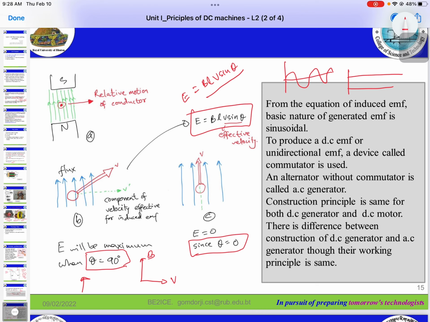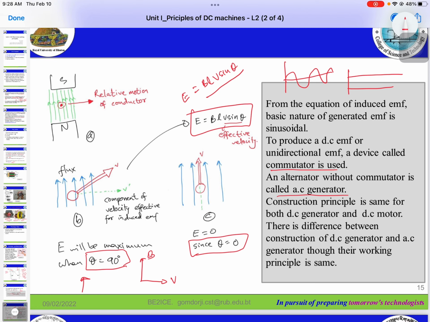From the equation of the induced EMF, the basic nature of generated EMF is sinusoidal. To produce a DC or unidirectional EMF, a device called a commutator is used. An alternator without a commutator is called an AC generator.